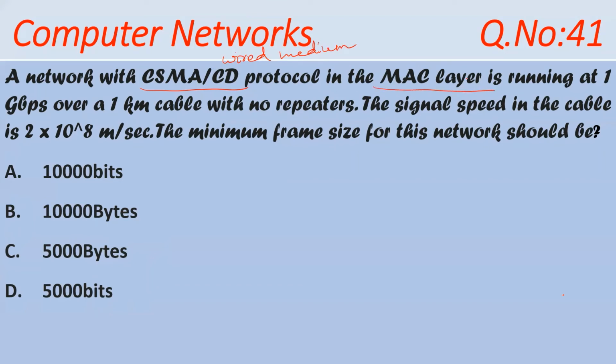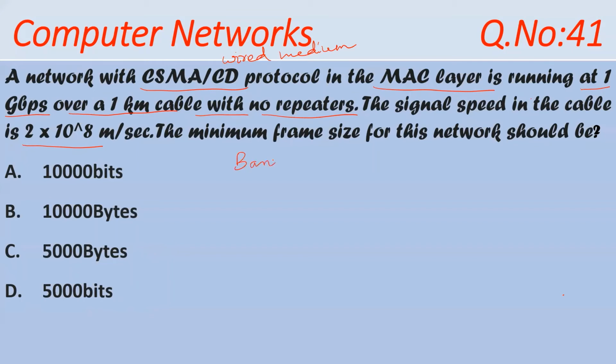This happens at the MAC layer, and it is running at 1 Gbps over a 1 kilometer cable with no repeaters. The signal speed in the cable is 2 into 10 power 8 meters per second, and we need to find the minimum size of the frame.